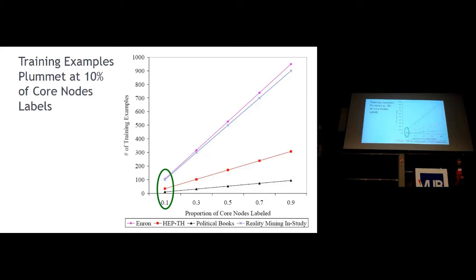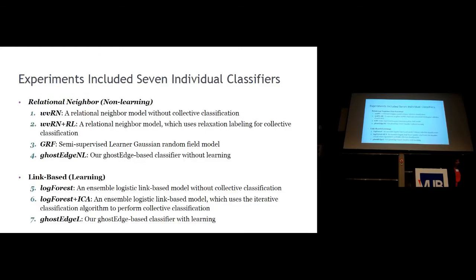So a lot of this is about sparsity of labels, so the number of training examples will plummet as I remove the labels, right? So here, political books is this black triangle, and at 10% of its core nodes being labeled, I have 10 examples, right? And so you would expect that the learning models will not have enough information to be able to learn.